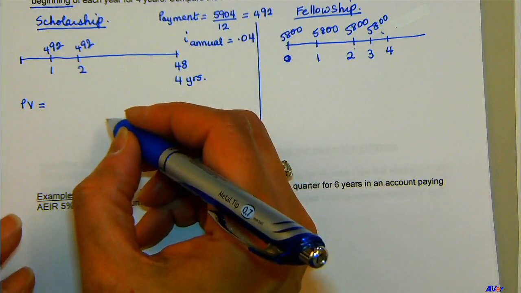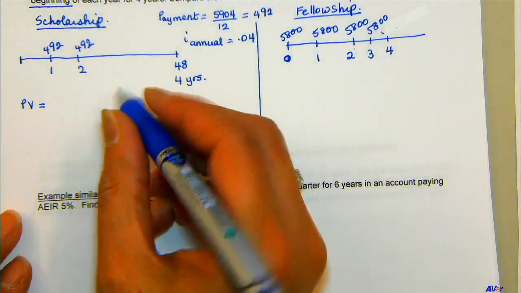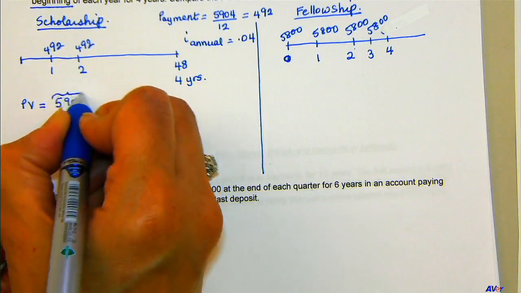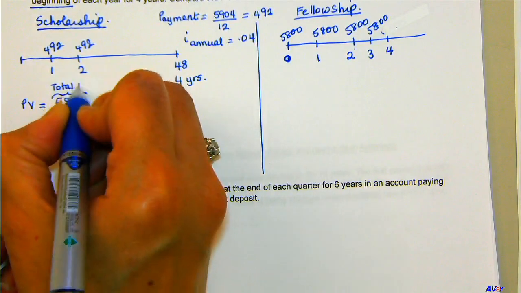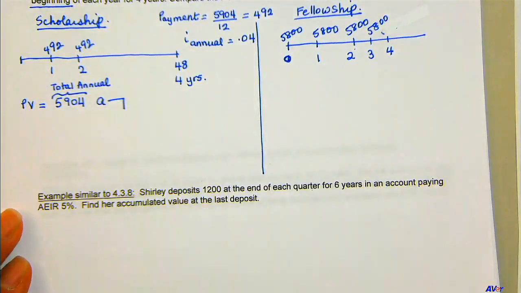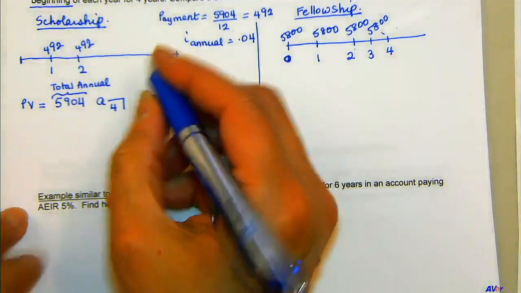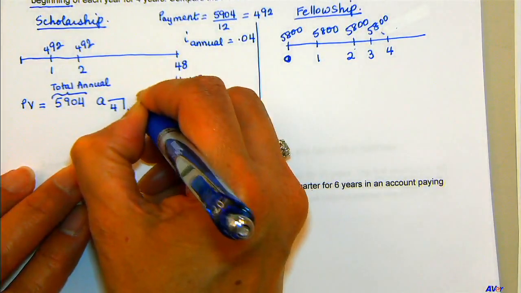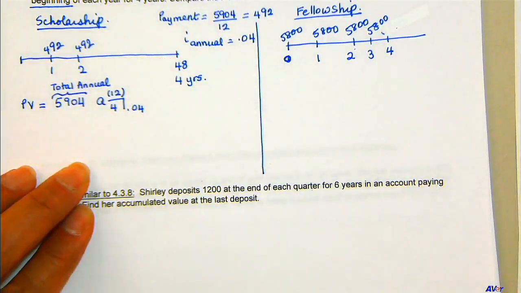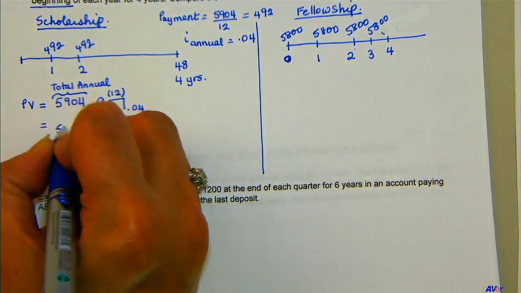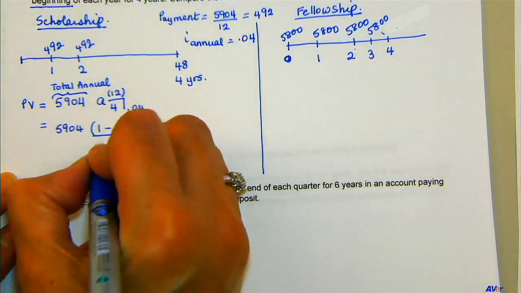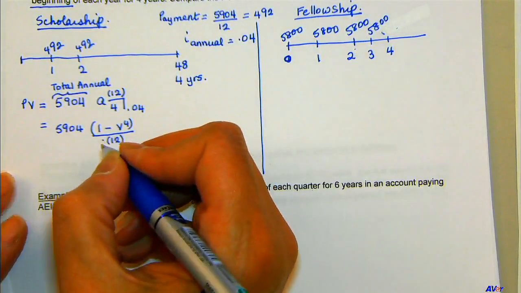Talk to me about present value. 5,904, which is the total annual payment, times a angle 4, right? Annual rate 4%, payable 12 times a year. So 5,904 times 1 minus v to the 4 over i12. How much is i12?